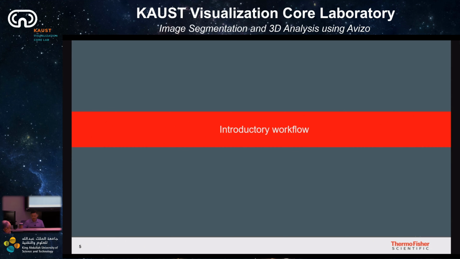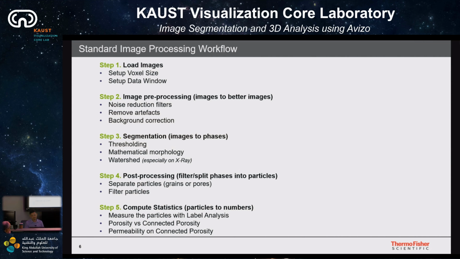So usually when you work with a virtual workflow, or even Avizo, you're gonna have the same standard procedure. For example, in PerGeos, if you remember, first you need to load an image and then you do image pre-processing. In each step that I listed here, usually in PerGeos, you have to go to a different workroom, different tabs. Step 1, you load the image, and then step 2, you go to the tab of image processing and segmentation, and do the compute statistics. So it's quite tedious.